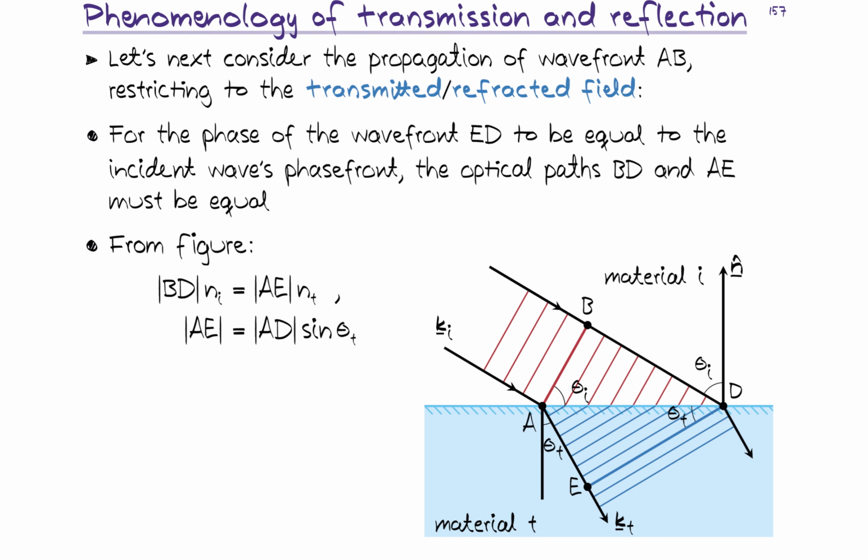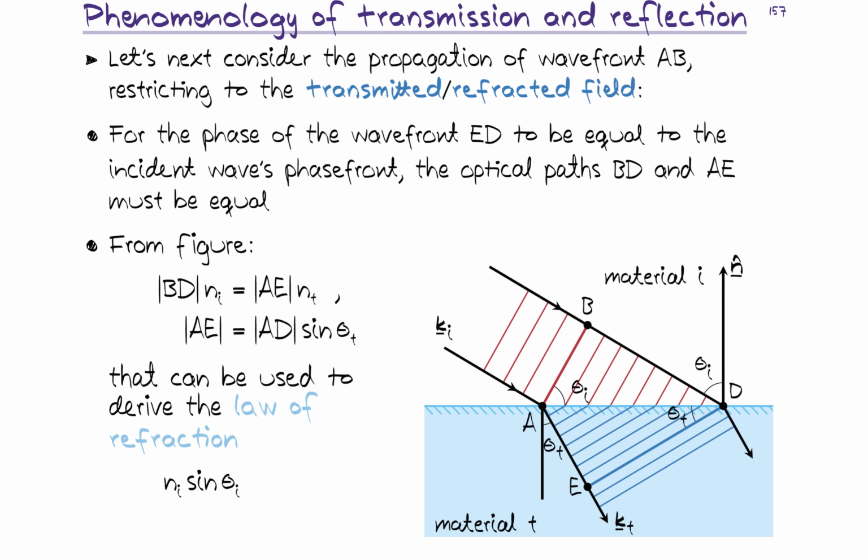So from the figure, we get these two equalities, and now we can use them to derive the law of refraction. So essentially, we can equate that NI times sine of theta I must be equal to NT times sine of theta T. And this is known as Snell's law. So essentially, this is what it boils down to.